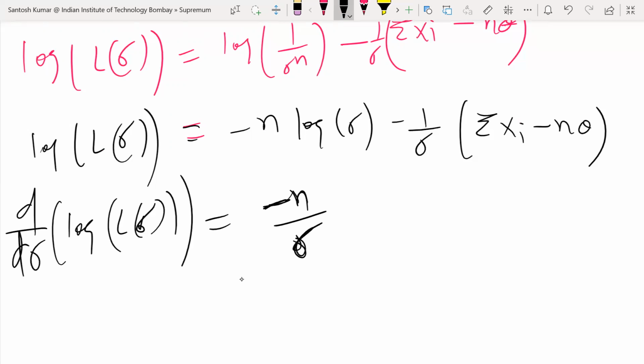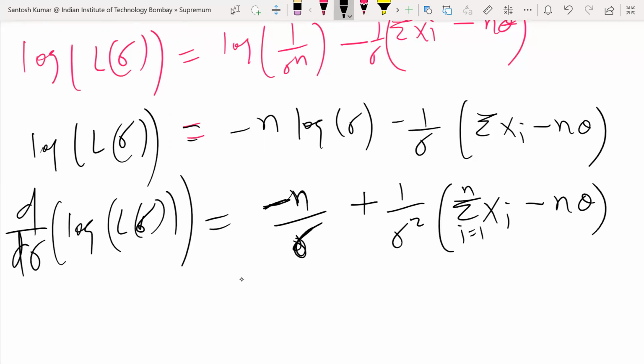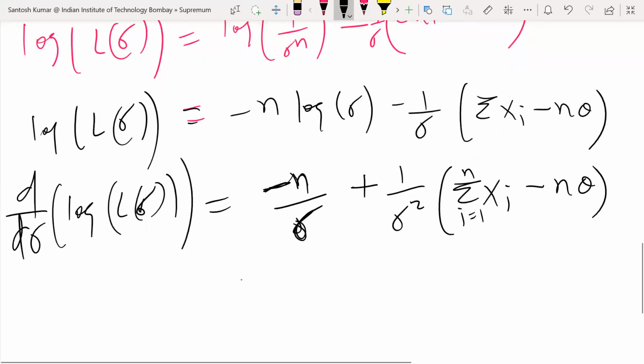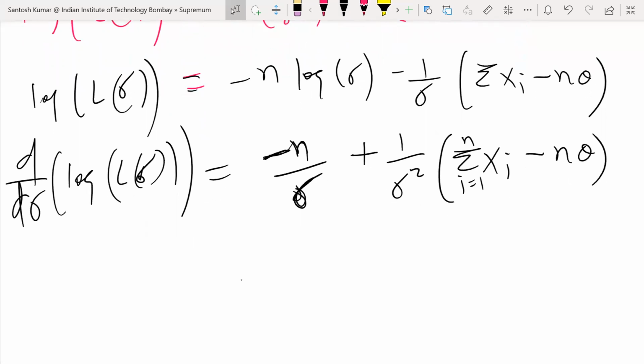So minus n upon sigma, because the derivative of log sigma is 1 upon sigma, and the derivative of minus 1 upon sigma is 1 upon sigma square, so summation xi minus n theta, i from 1 to n. So let's put it equal to 0.